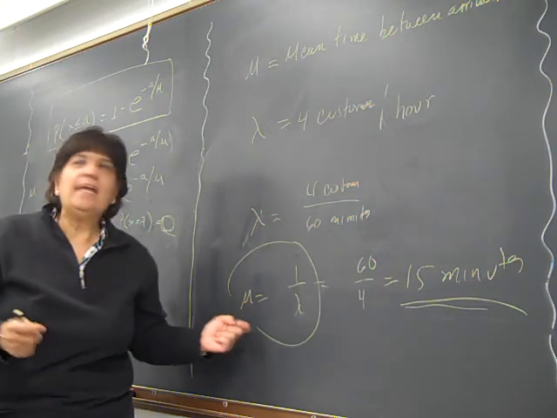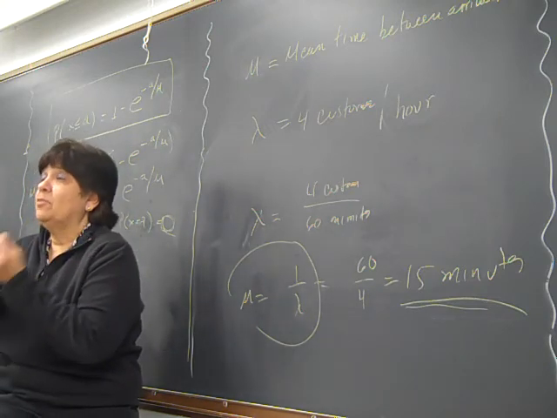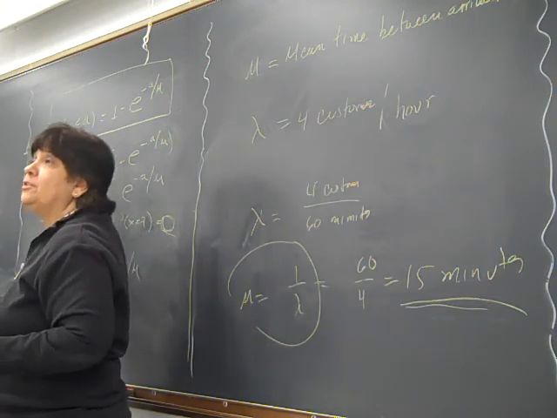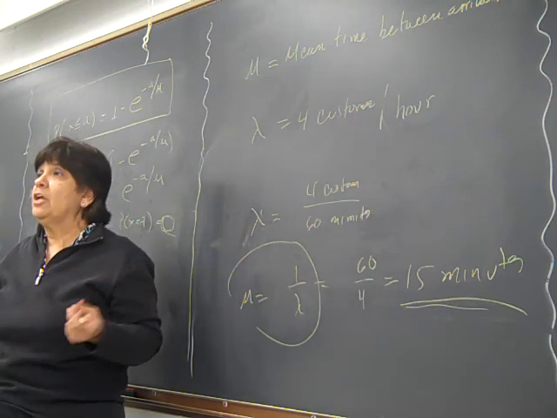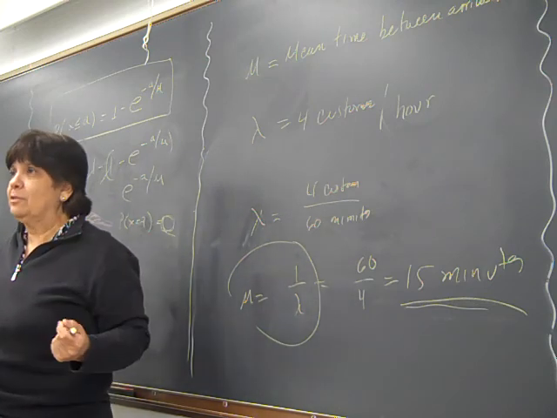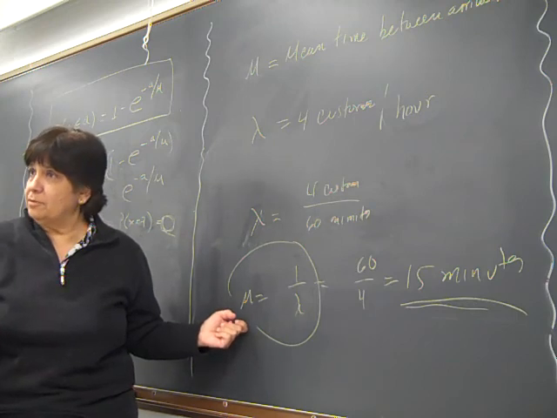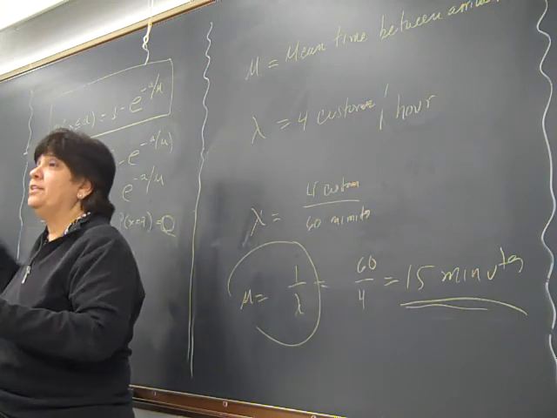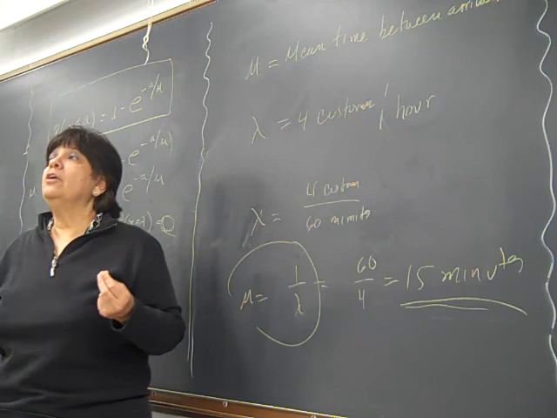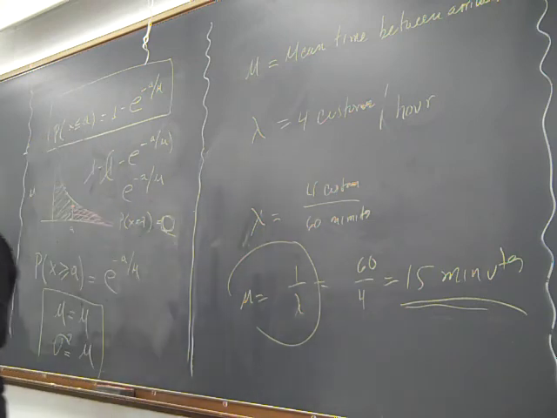But the mean is the time between arrivals. Remember, this is a continuous probability distribution, and continuous probability distributions measure continuous variables, and time is one continuous variable. The number of customers, that is the Poisson distribution, a discrete probability distribution. We cannot have 3.37 customers arriving in an hour.